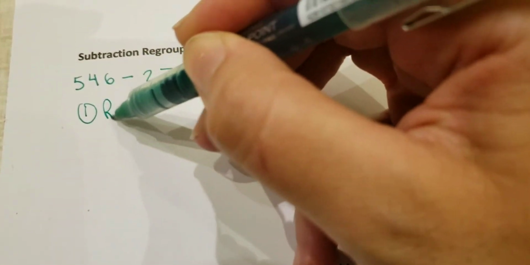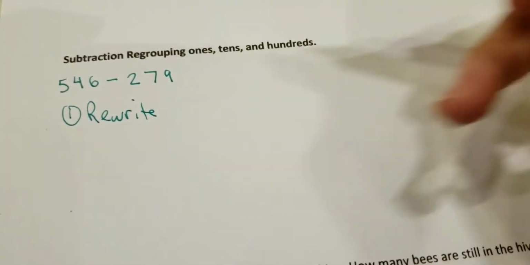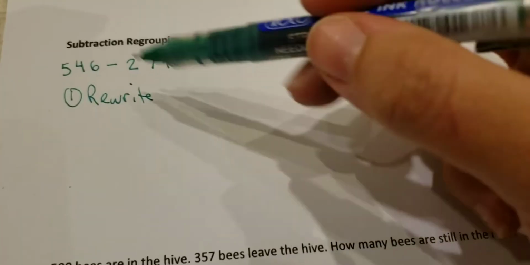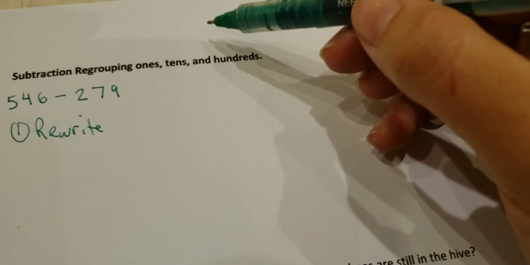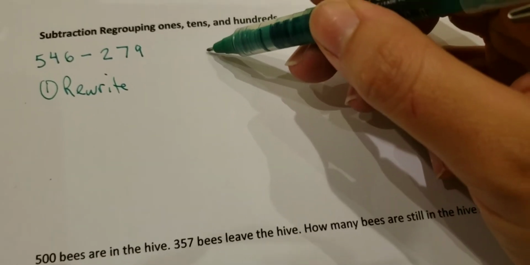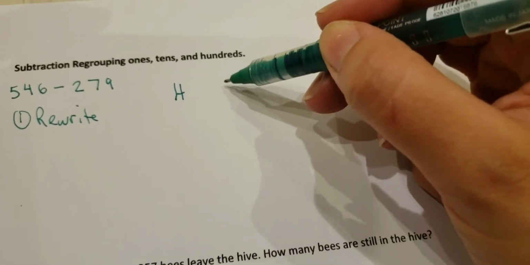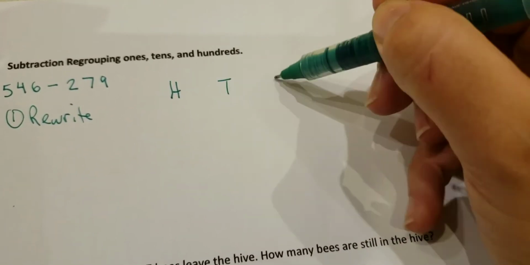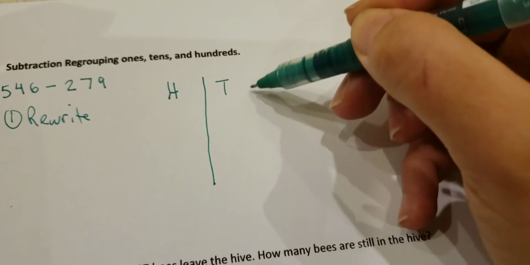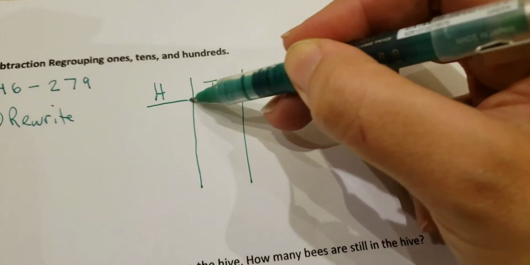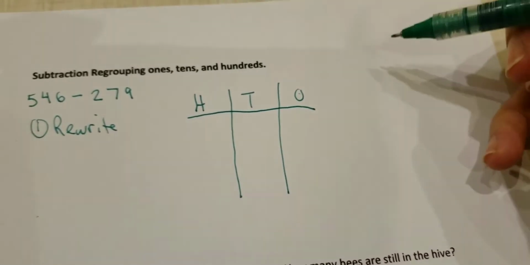First step, we have to rewrite the problem. Okay, so write the big number minus the small number, and whenever we do that, we need to line up our place values by the hundreds, the tens, and the ones. And you can draw this chart here like so if you need to.